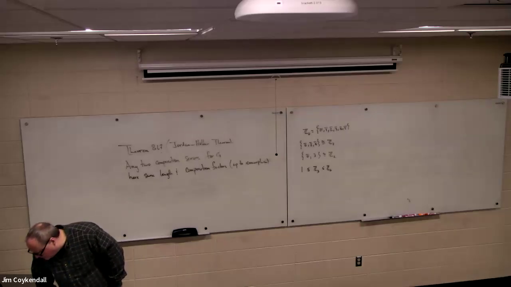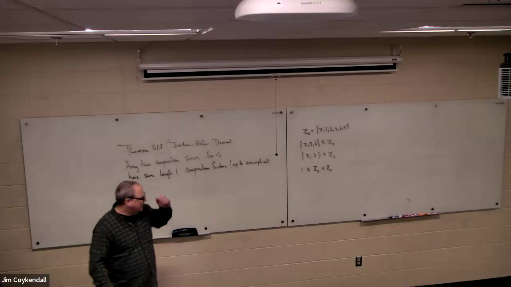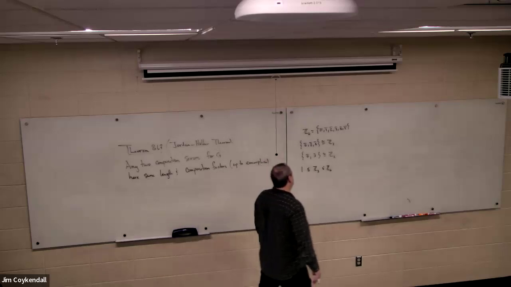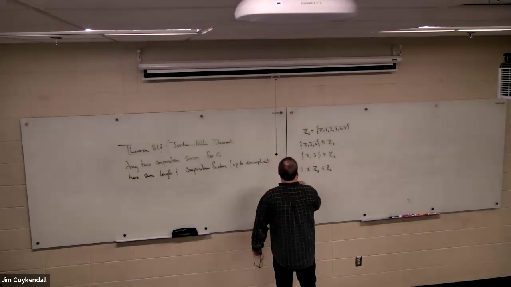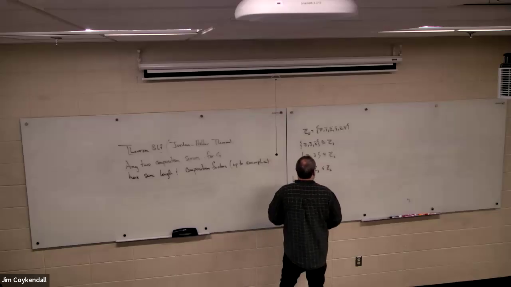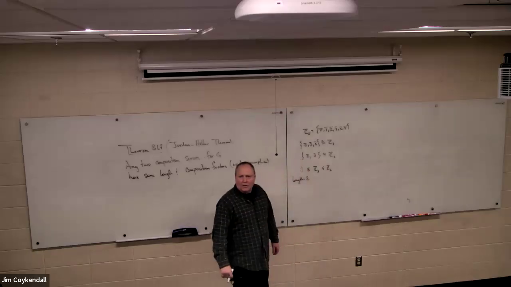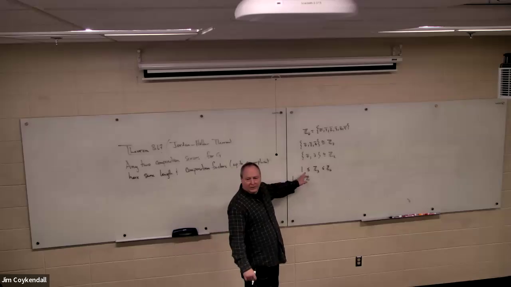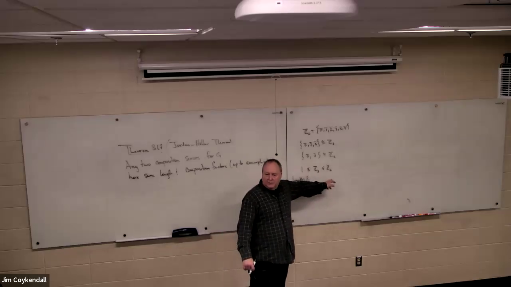I guess I'll just define this. I'm going to call this length 2. I'm going to start by counting at 0, 0, 1, 2.